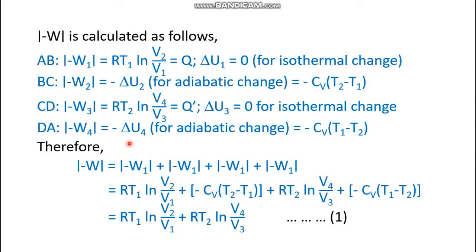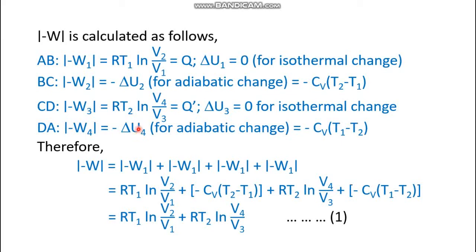And for step 4, adiabatic reversible compression, Q is again 0. So minus delta U must be equal to minus W, and if we take the modulus, the value should be the same.